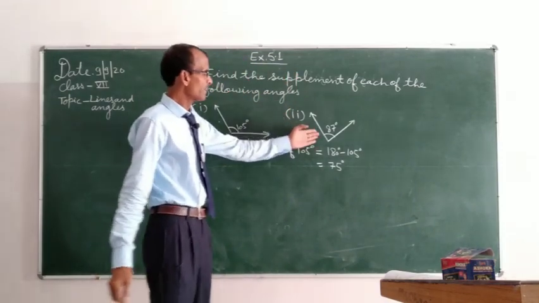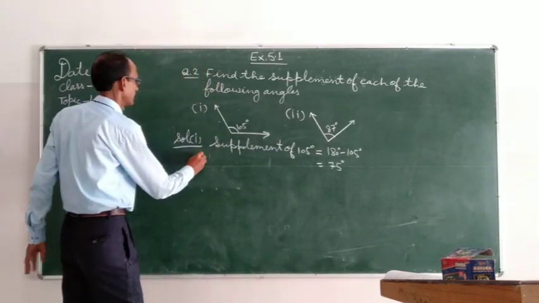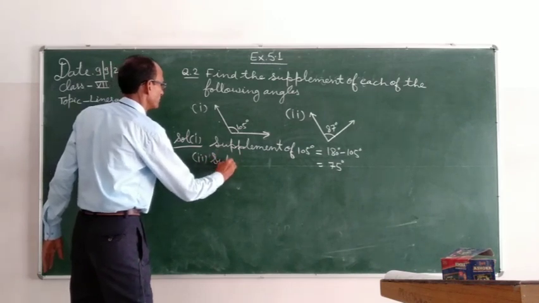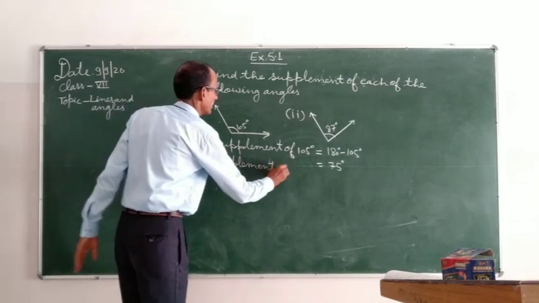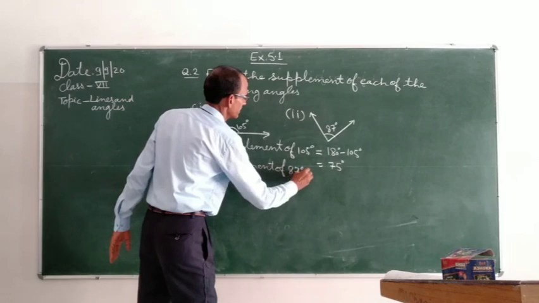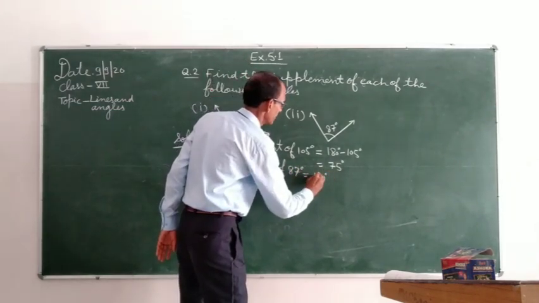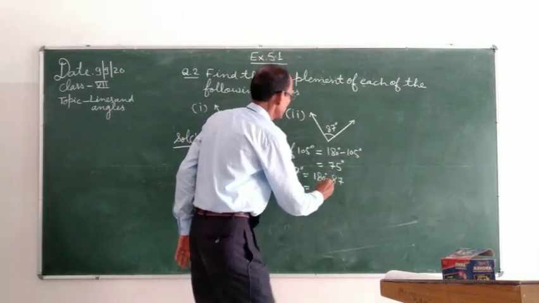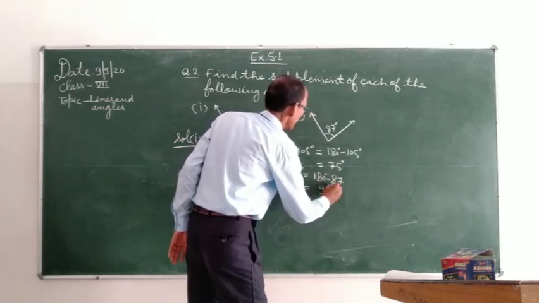Same way, we can find the supplement of 87 degree. Supplement of 87 degree is equal to 180 minus 87, which is equal to 93 degree.